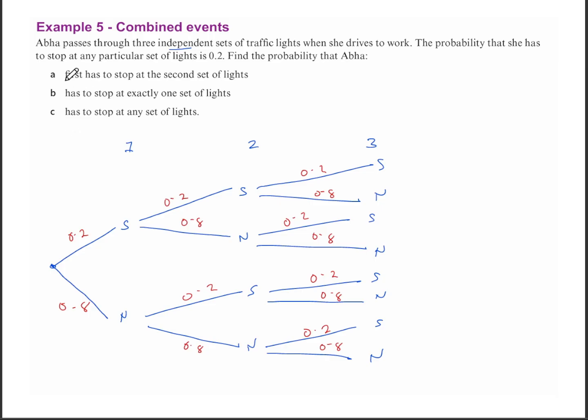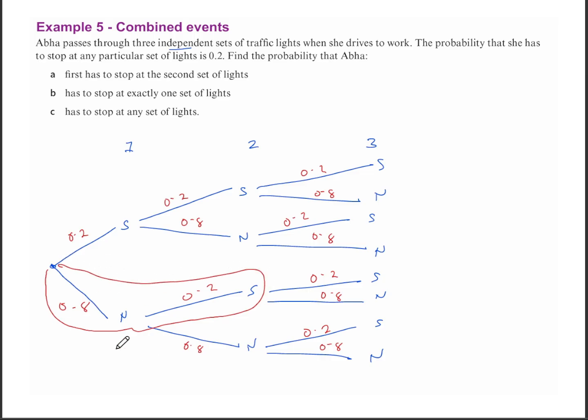Then it says, what's the probability that she has to first stop at the second set of lights? So in the first set of lights, she doesn't stop, but she stops in the second set of lights. That means what we want here is that the first decision is not stopping, and then the second decision is stopping.